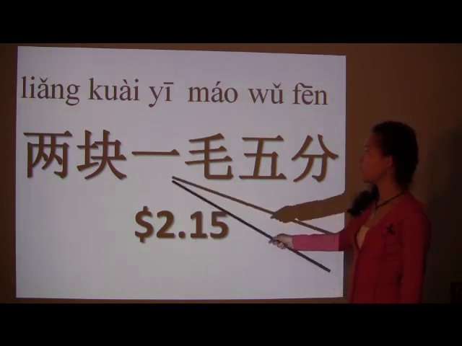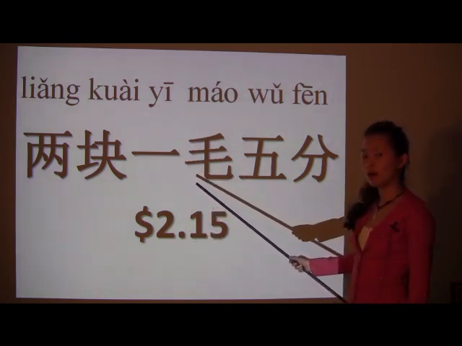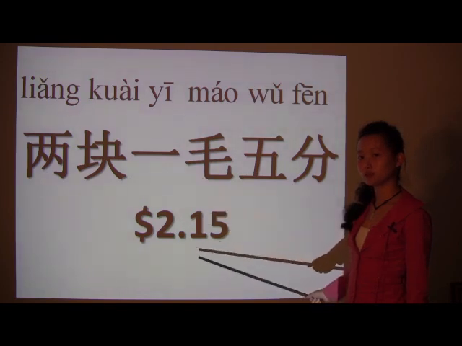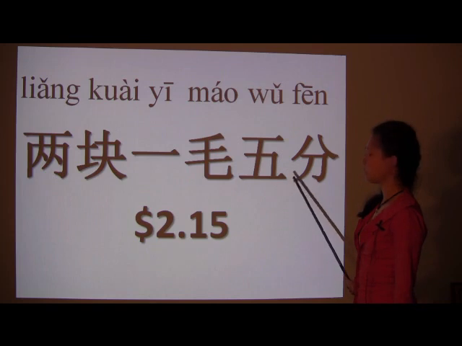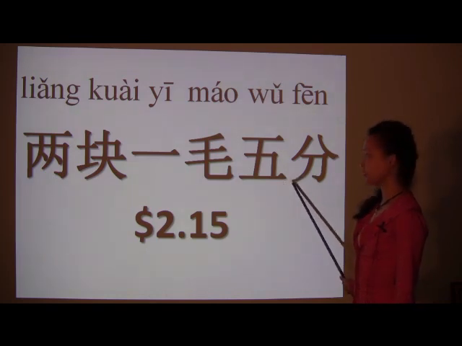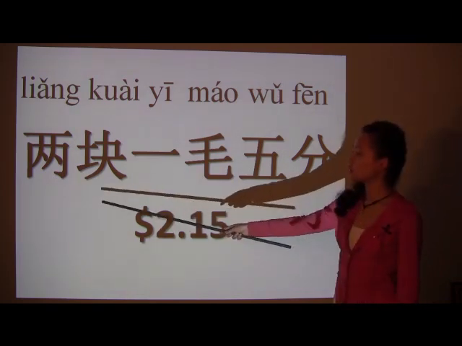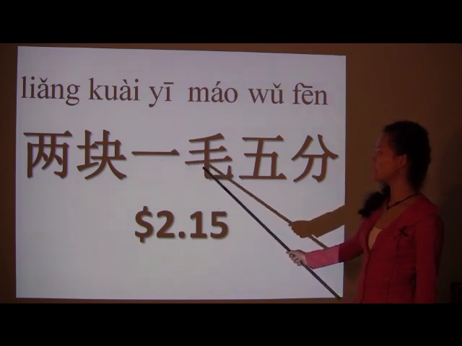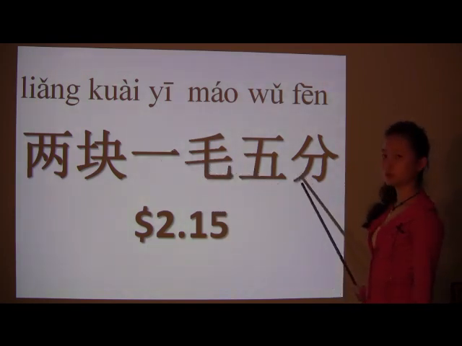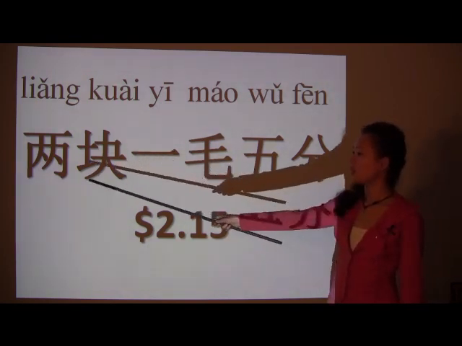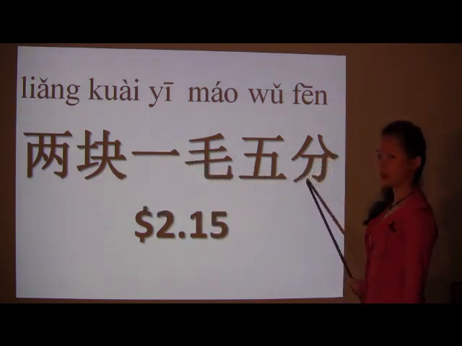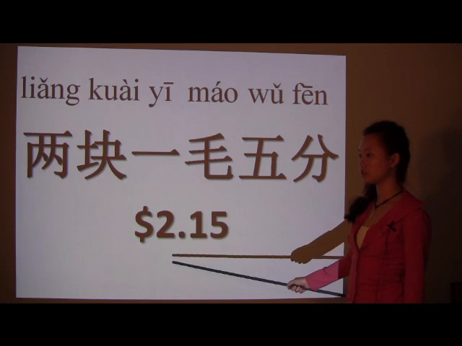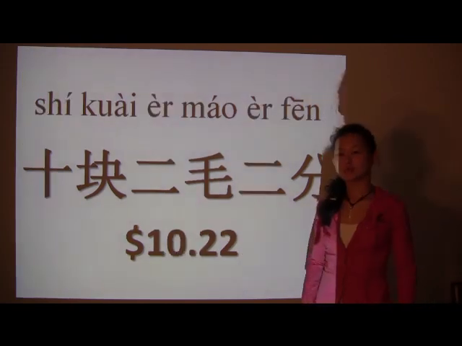So you say 一毛, and then what's left over after you divide by 10? 5 cents. 五分 for 5 cents. You're saying $2, 1 tens, and 5 ones. So 两块一毛五分 for $2.15.